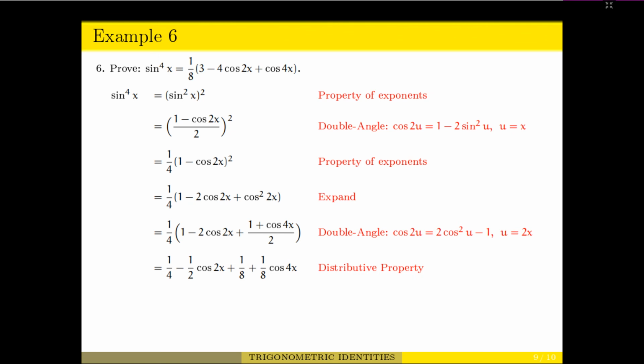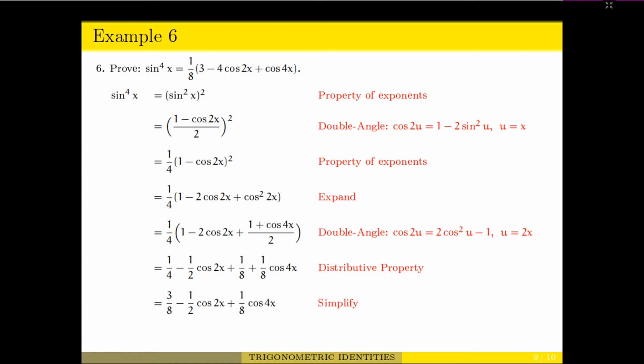So that will give us 1/4 minus 1/2 cosine 2x plus 1 over 8 plus 1 over 8 cosine 4x. Simplifying the expression, that will give us 3 over 8 minus 1/2 cosine 2x plus 1/8 cosine 4x.